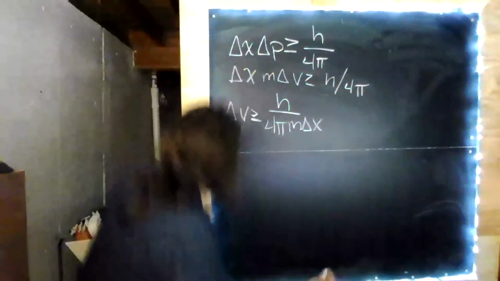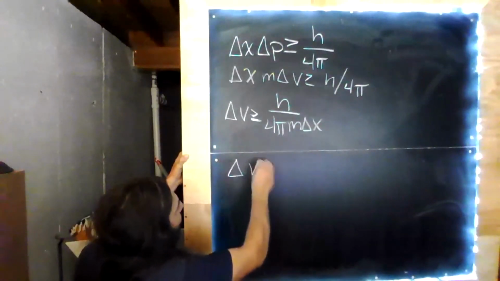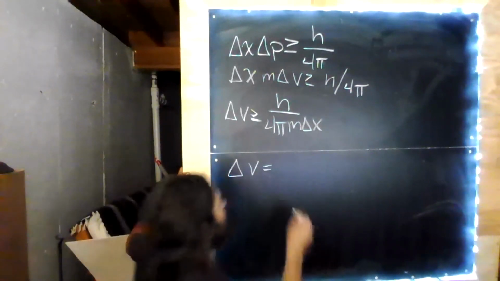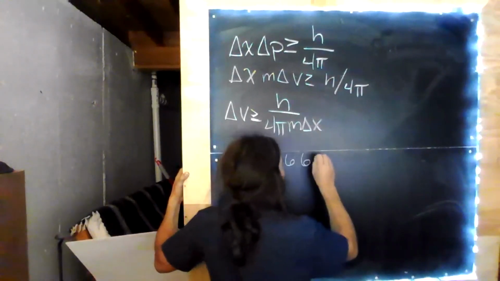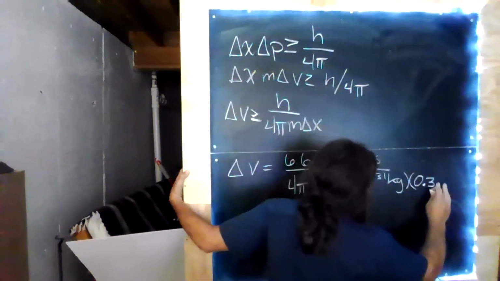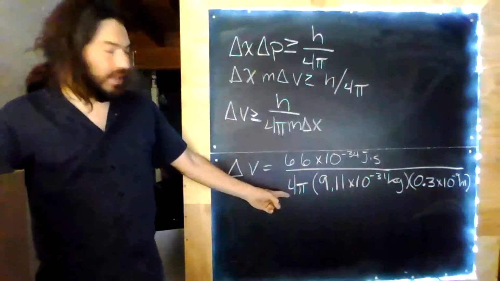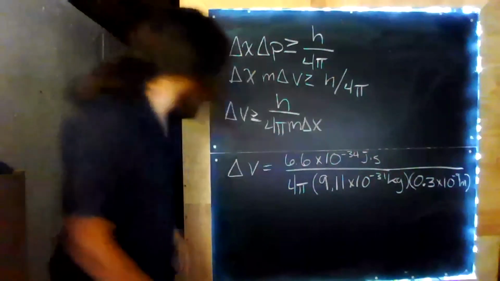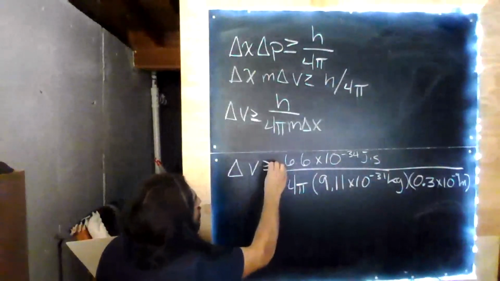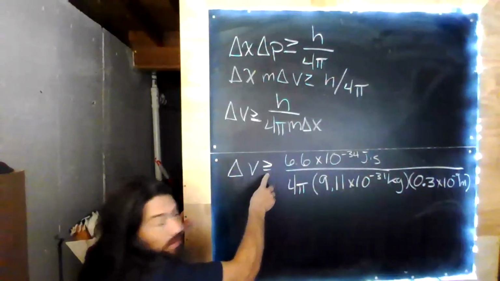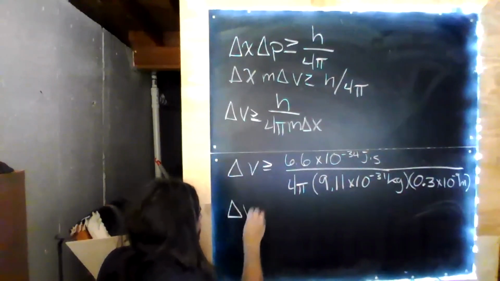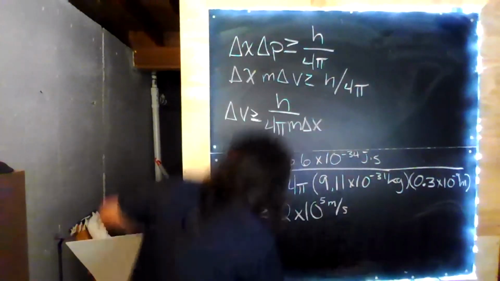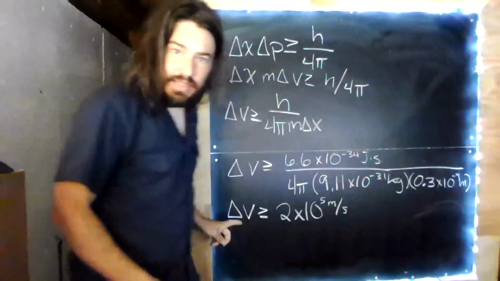Okay, so let's go ahead and plug in our numbers. Now I've plugged in my numbers, and all I really need to do is run my calculator. Okay, so that's our error in velocity, right?